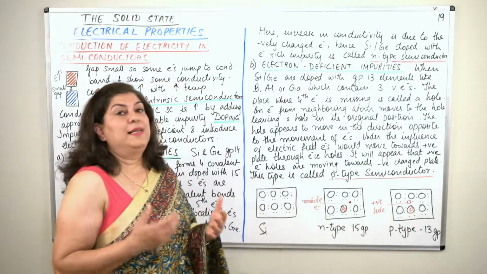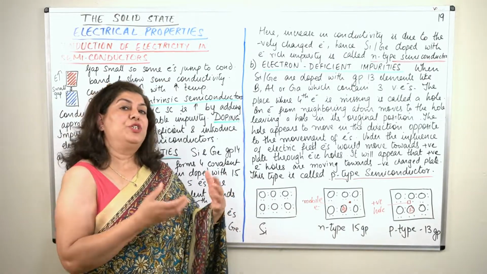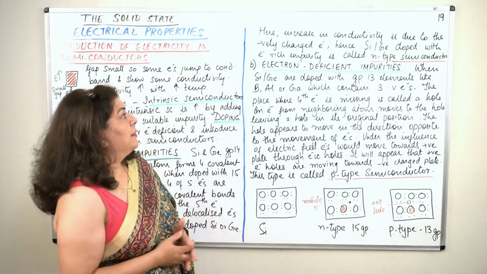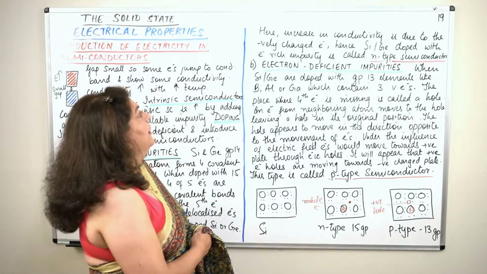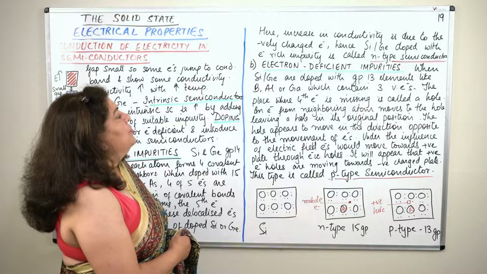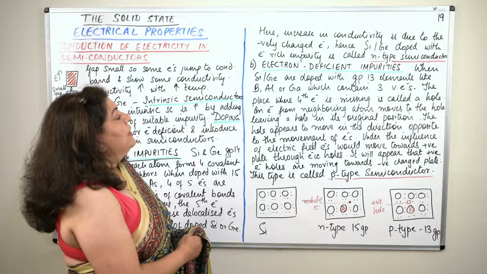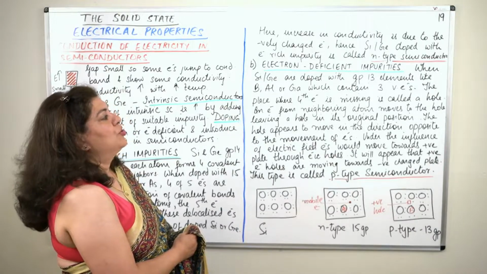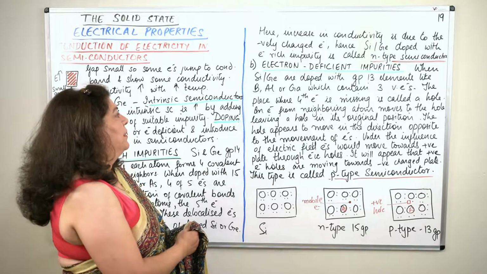Because it is electron rich, it is negative charge which is carrying electric current, therefore we call it N-type. So a semiconductor doped with an electron-rich impurity is called an N-type semiconductor.